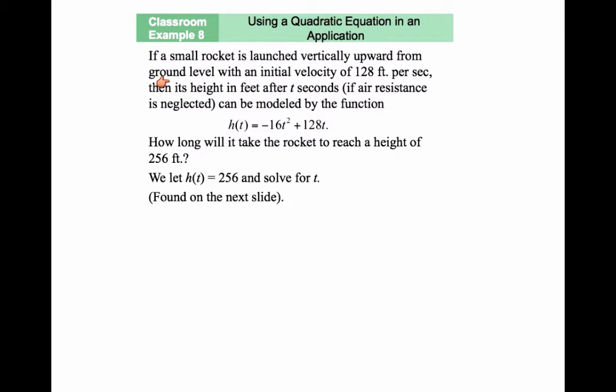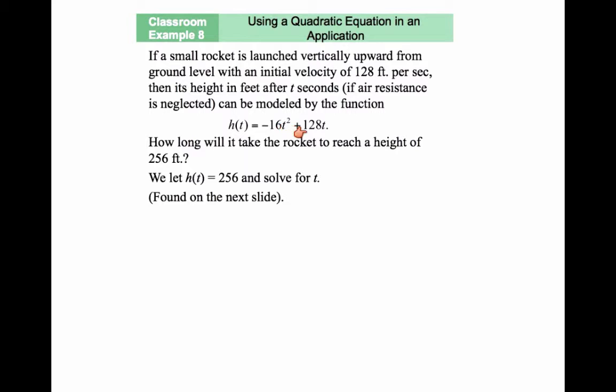A small rocket is launched vertically upward from ground level with an initial velocity of 125 feet per second. Then its height in feet after t seconds, if air resistance is negligible, can be modeled by this function.